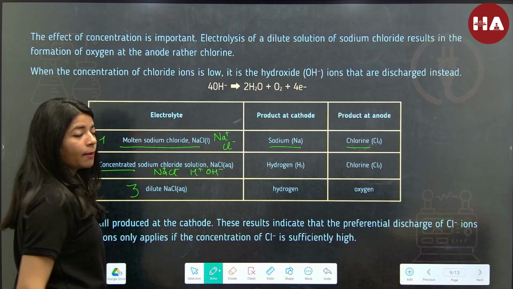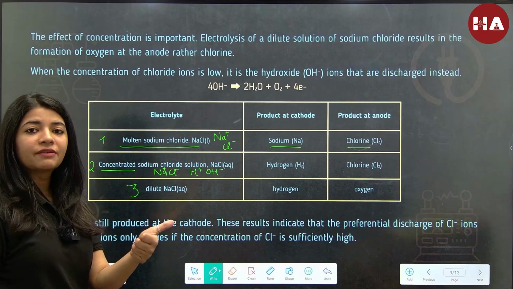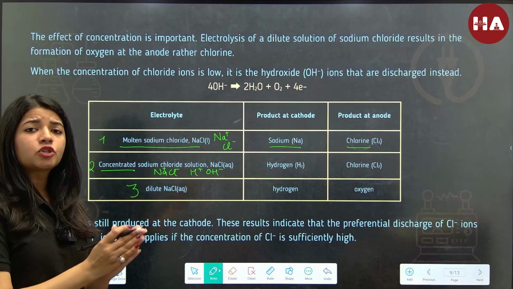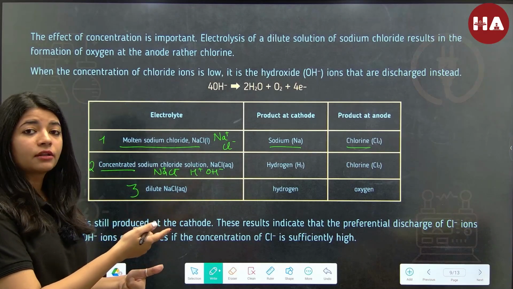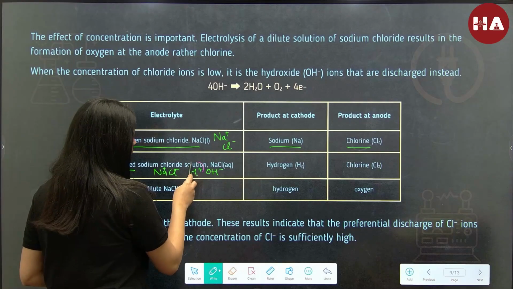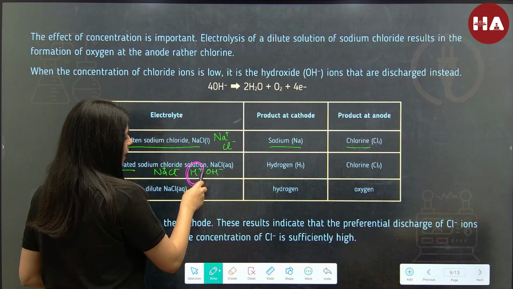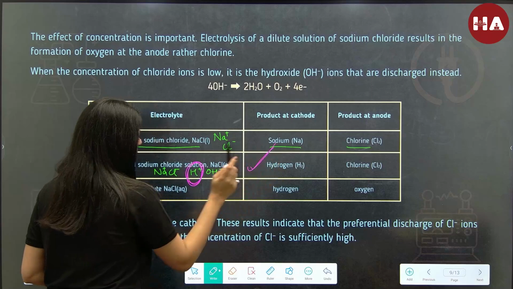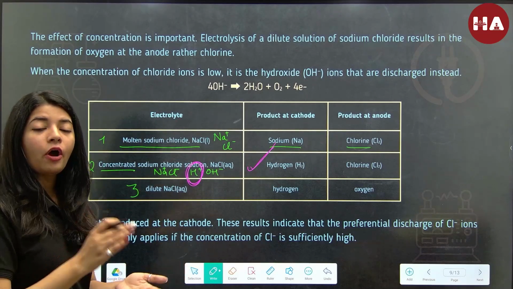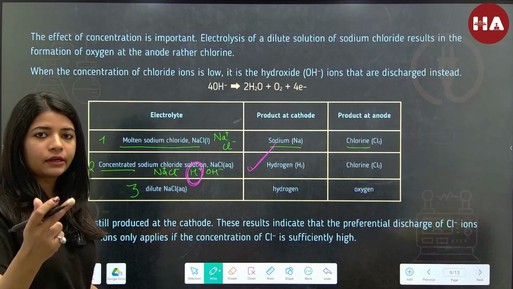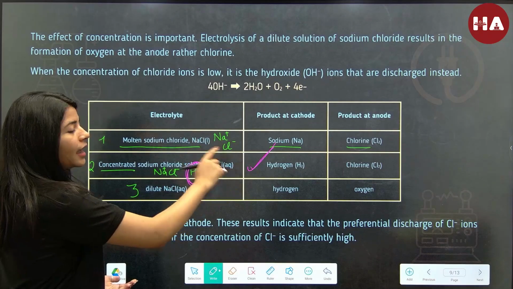In this case, for cations, or positively charged species, we have to check which one is least reactive. Hydrogen is least reactive because we have checked the reactivity series. So hydrogen gas will be produced at the cathode. And the anion, the negatively charged ion, whose concentration is greater will be deposited at the anode.